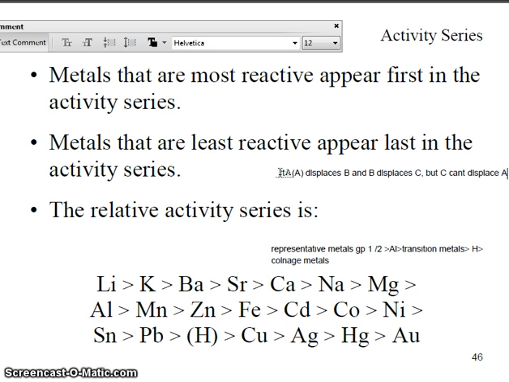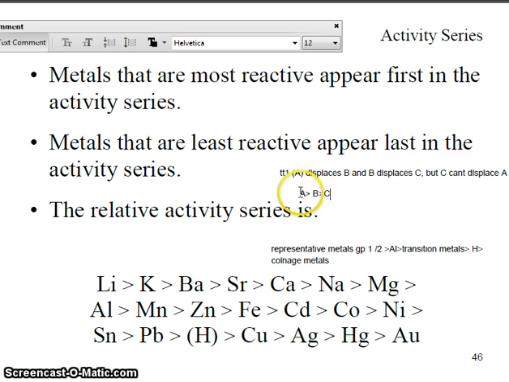So how would you arrange them in an order that provides a reactivity order essentially? So realize A is able to displace B. That means A is more powerful than B, and B displaces C. That means B is more powerful than C. C can't displace A, and that makes sense.